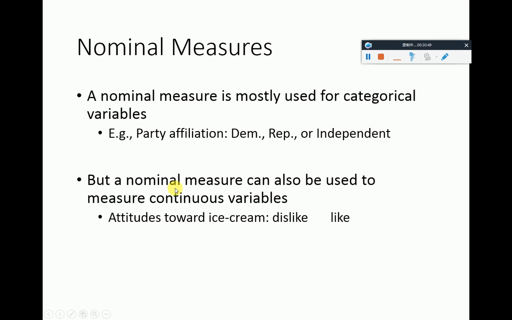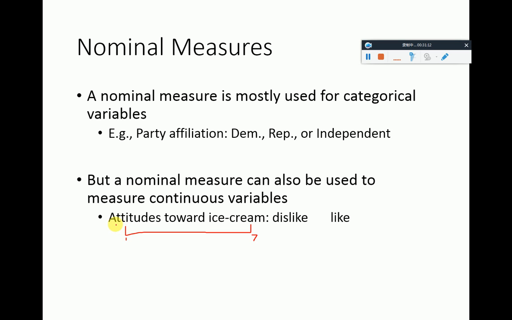So for example, attitudes toward ice cream, or attitudes towards anything, are typically treated as a continuous variable, right? We said that usually we use a 7-point scale to measure attitudes, right? Totally against, totally for, or very much dislike, very much like, right?